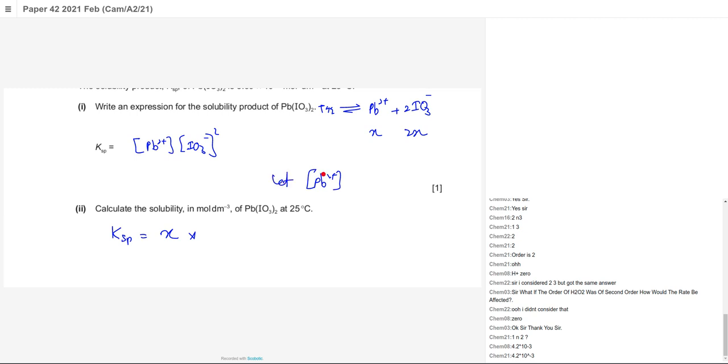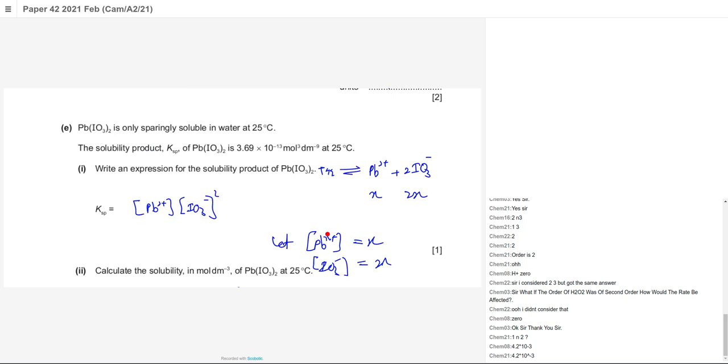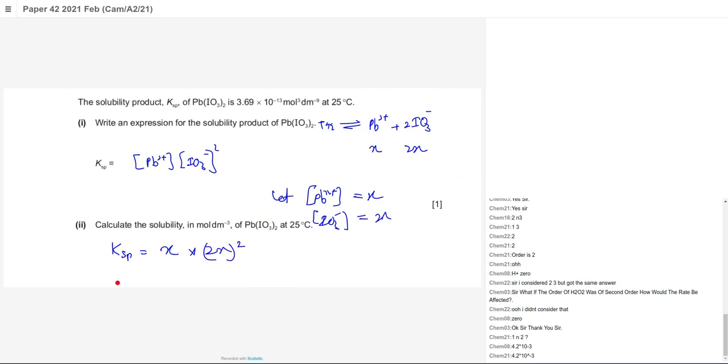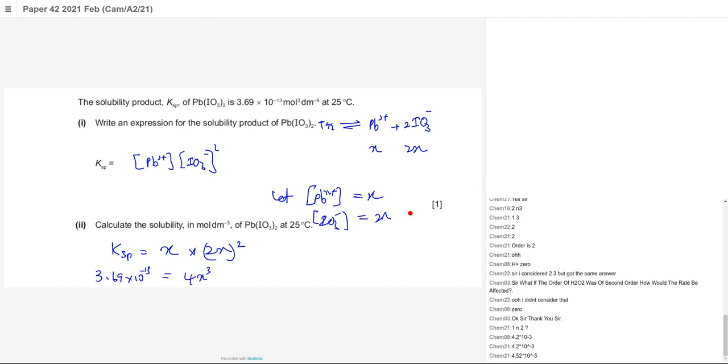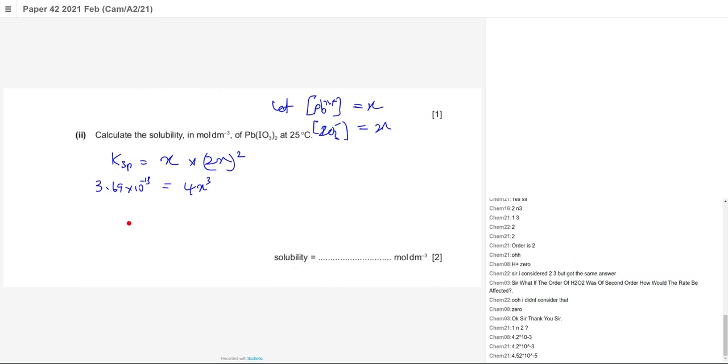Let Pb2 plus be X, IO3 minus is 2X, so it's X times 2X squared. You have the KSP value given, which is 3.69 × 10 to the power minus 13. This is 4X cubed. So divide the answer by 4 and take the cube root of it. You get the X.